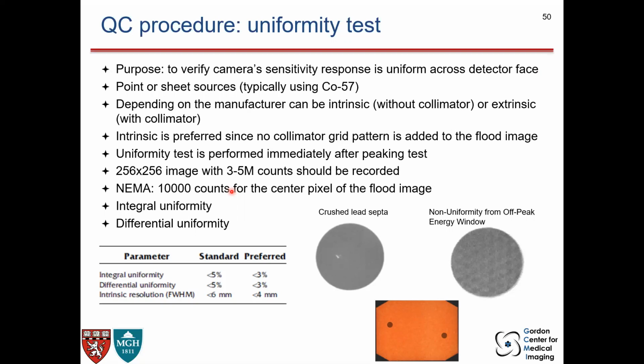But typically, because we are talking about the response of the detector here mainly, intrinsic is more relevant because there is no collimator grid pattern. Remember those squished collimator holes that I showed you before? Those are out of the picture. So you're basically testing the true response function and uniformity of your detector.